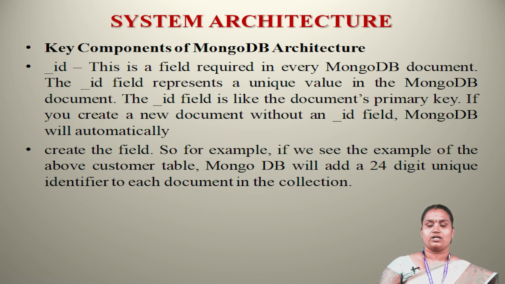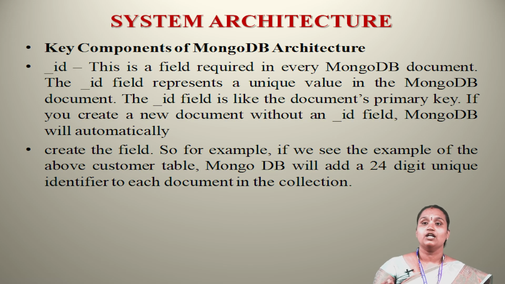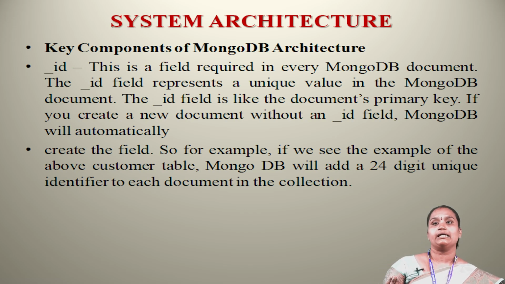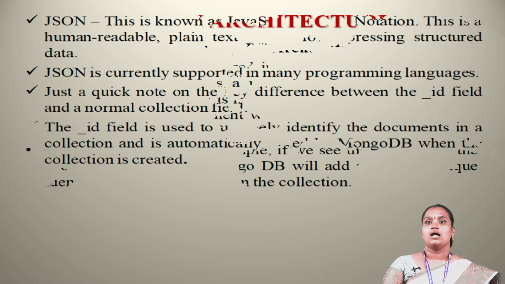System architecture. _id, this is the field required in every MongoDB document. The _id field represents the unique key value in the MongoDB document. The _id field, like in a relational table, is the primary key. If you create a new document without an _id field, one is generated.